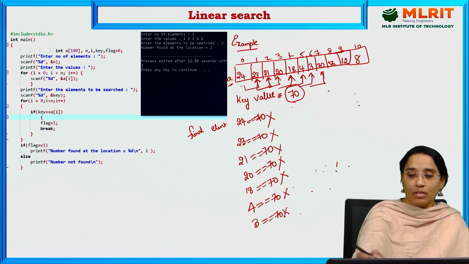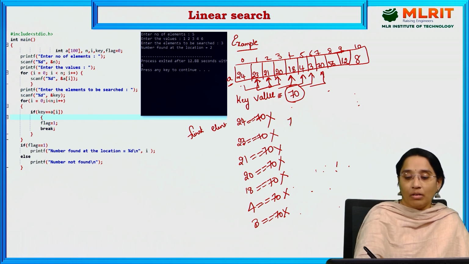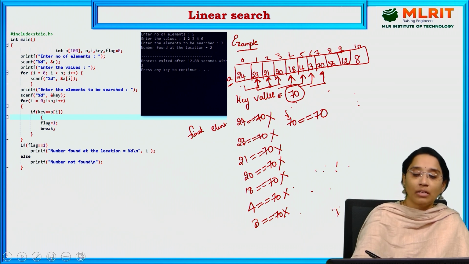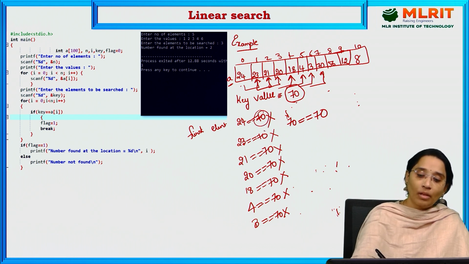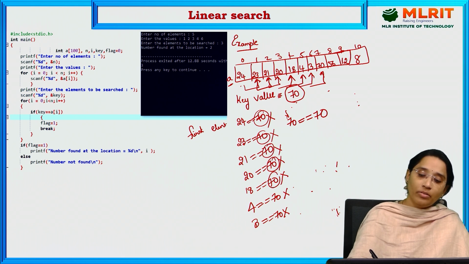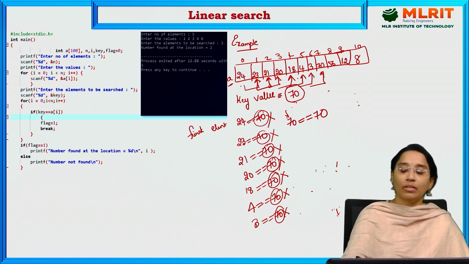Now it is 70. 70 equals 70. So here 70 is the element at index position 7, and this 70 is the key value. What we are doing is taking the key value and searching for it against all the elements in the array.